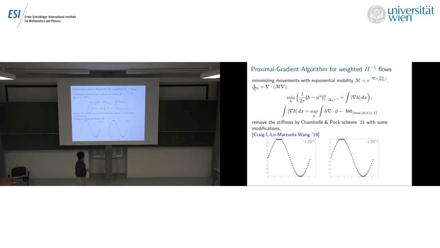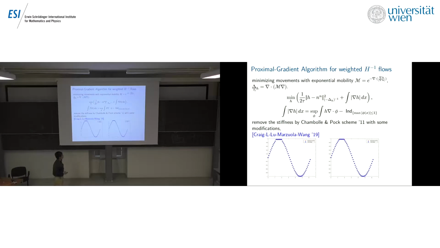So now we come back to this beautiful work by Shangbin Park on minimum movement, for this difficult problem itself. This Laplacian H minus one gradient flow involves exponential mobility, which can be exponentially large or exponentially small depending on the curvature, so it is singular. Then the usual minimum movement does not work. So we now apply this beautiful algorithm, cast as a minimax problem.